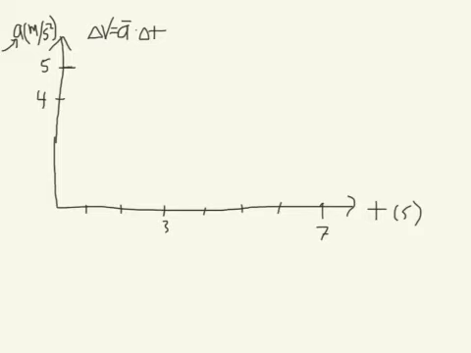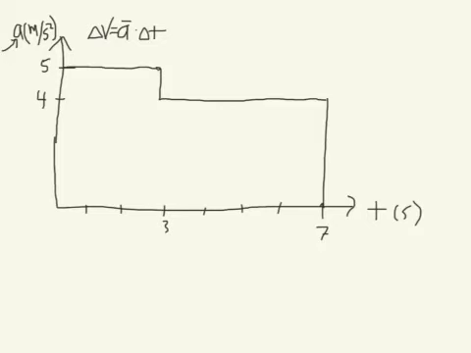Our acceleration was at a constant 5 meters per second squared for 3 seconds, and then very suddenly it dropped down to 4 meters per second squared. And we had that as our constant acceleration for the next 4 seconds, from second 3 to second 7, and then we just stopped. That was the end of the story.